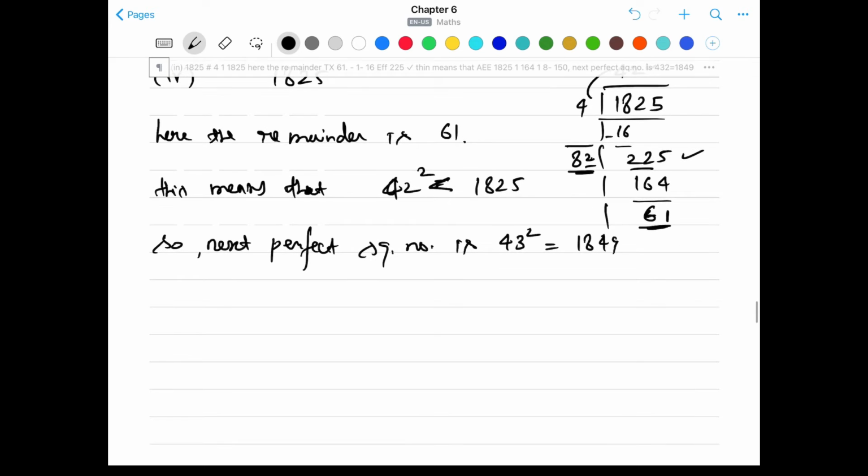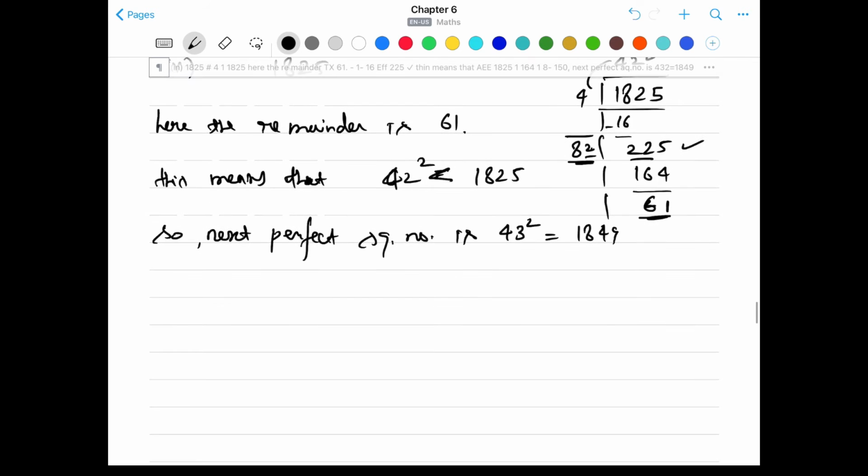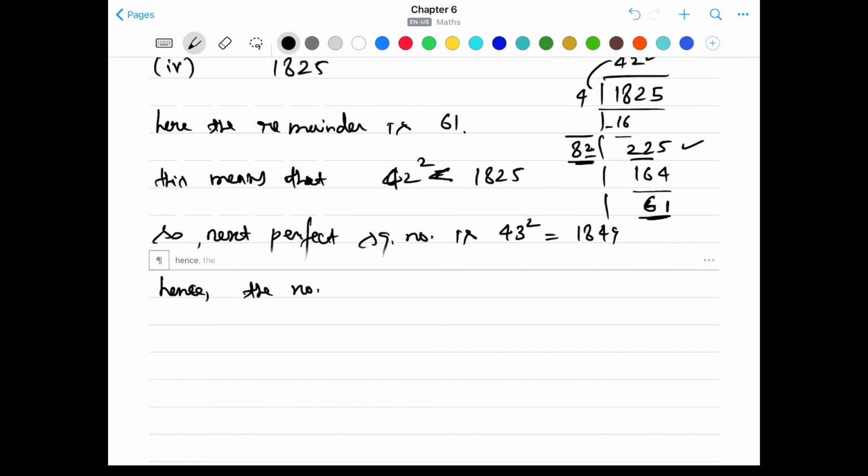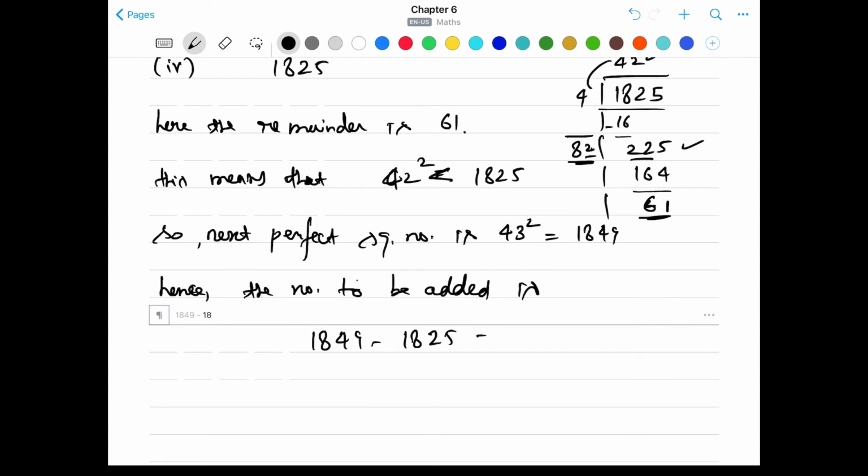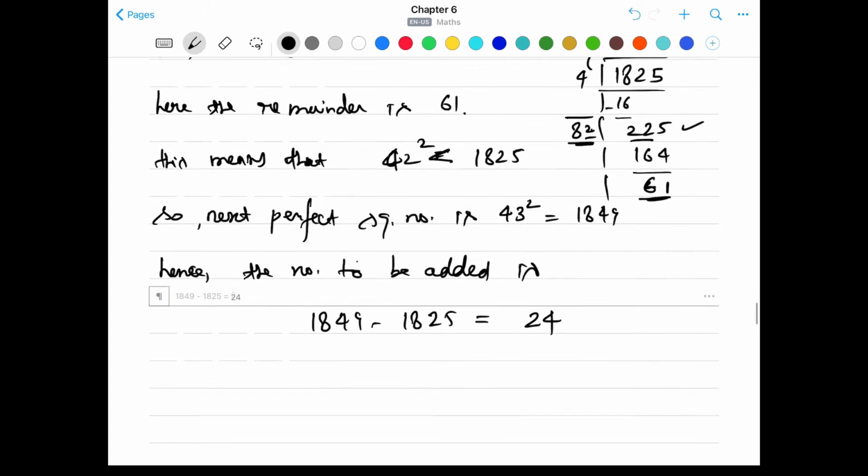Hence the number to be added is this 1849 minus the given number, which is 1825. When you subtract the two numbers you will get 24.